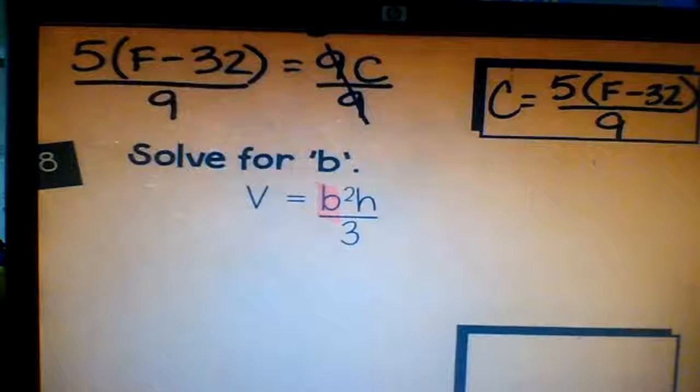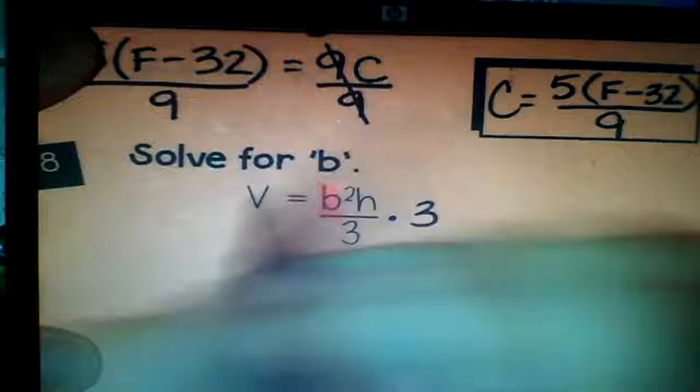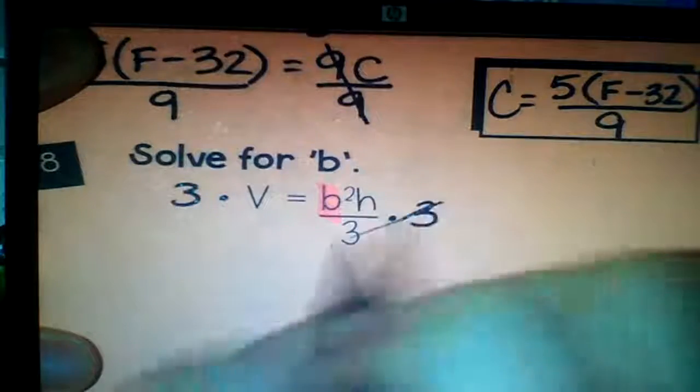Okay, my final one, I need B by itself. Multiply by 3. So that cancels the 3 out.